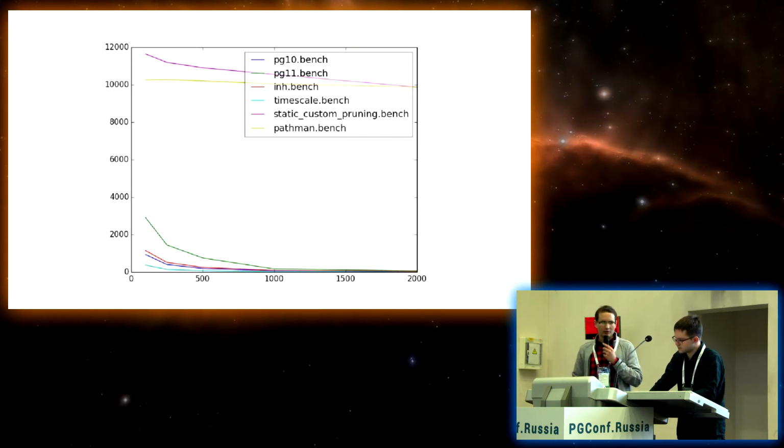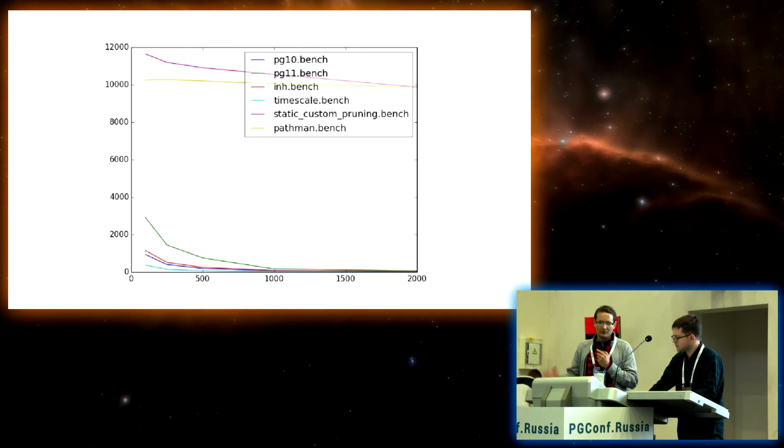Here we measured TPS. It minimally filled partitioned tables and looked at the dependency of TPS on the number of partitions. And we see here that Pathman leads really strongly. We also considered one case that we applied in Wildberries when we encountered an issue of larger partitions, and we implemented the partition pruning in an applied way, as a PL/pgSQL procedure.